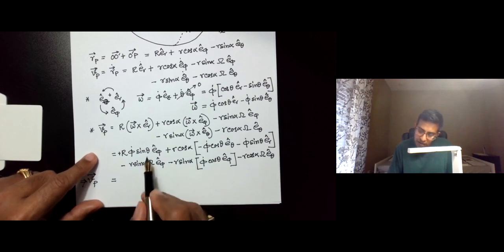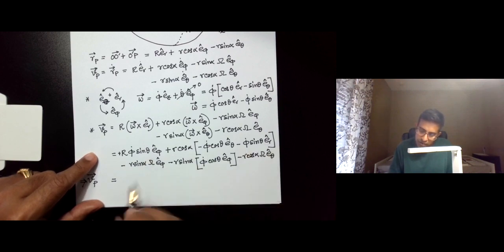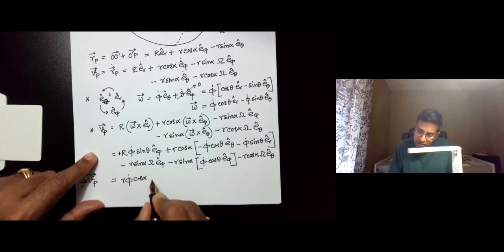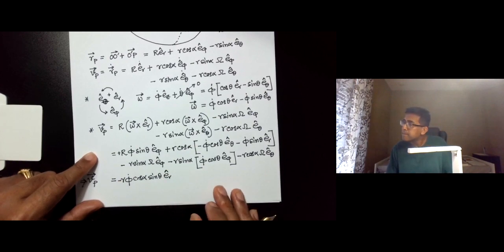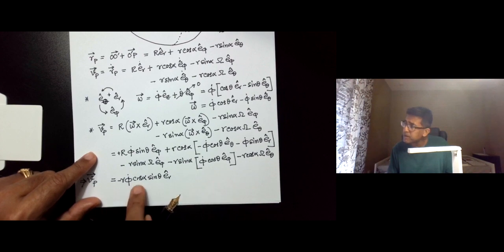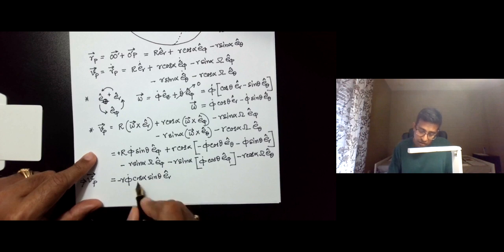So in the ER direction we find there is just one component, and that is negative R phi dot cosine alpha sine theta ER. I'm just checking to make sure. Yes, so this is good.